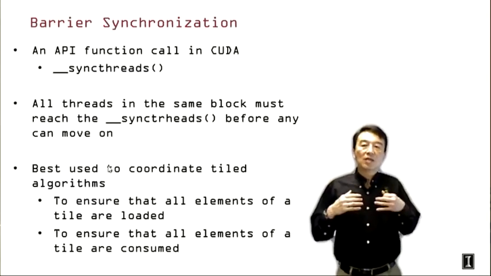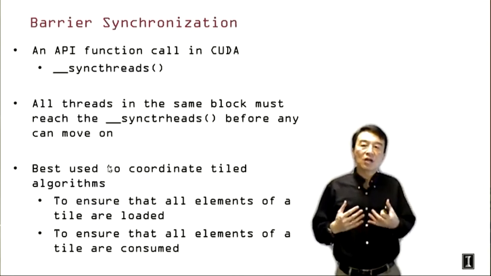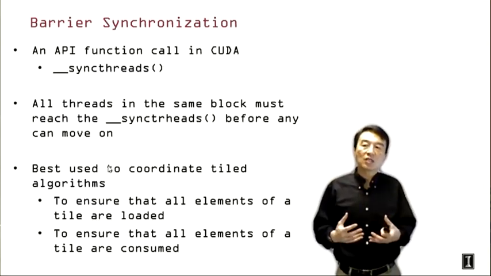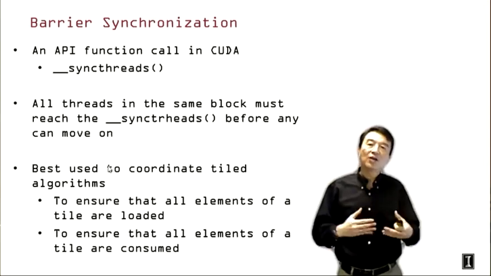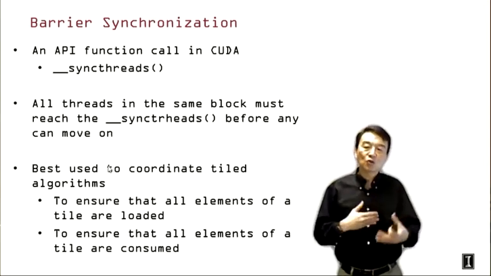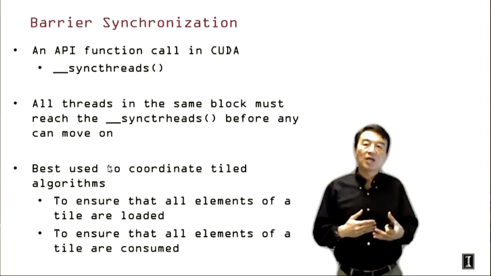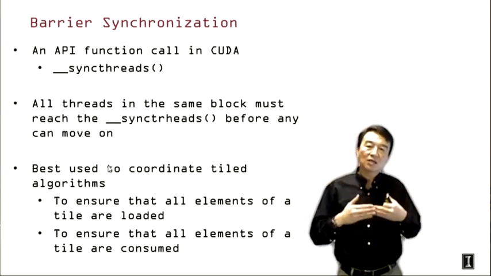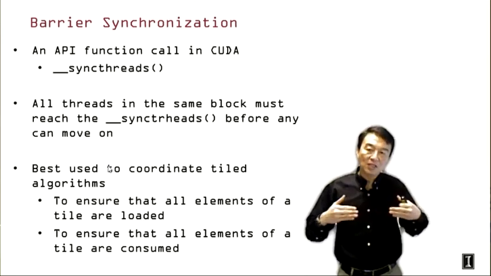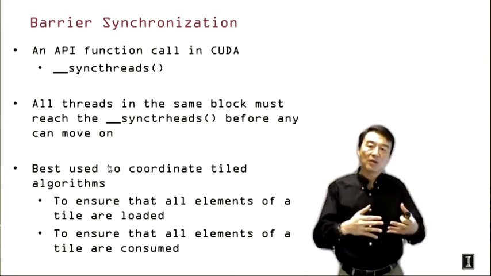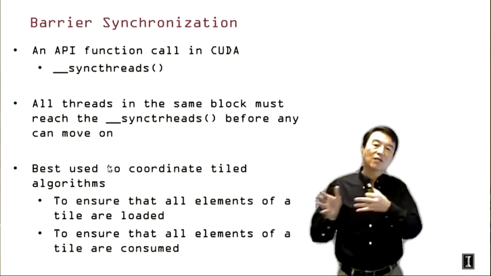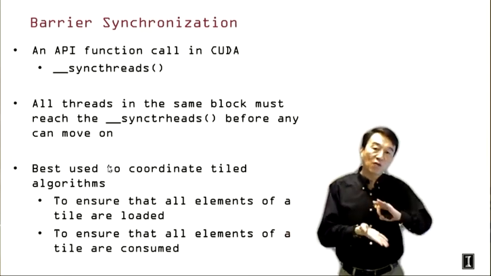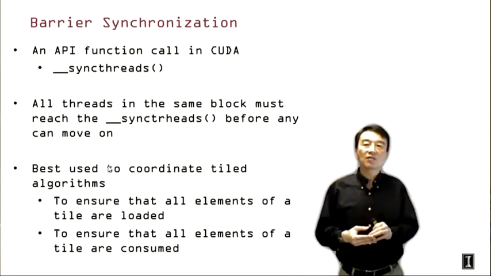And in the previous slide, we talked about phase execution. And we said that once all the threads finish loading a tile, they can go ahead and consume the elements from the shared memory. And then once all the threads completed their calculation based on the shared memory, they can go ahead and load the next tile from global memory into shared memory and overwrite the contents of the shared memory.